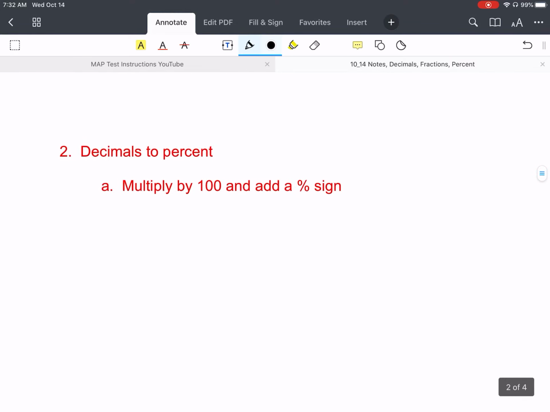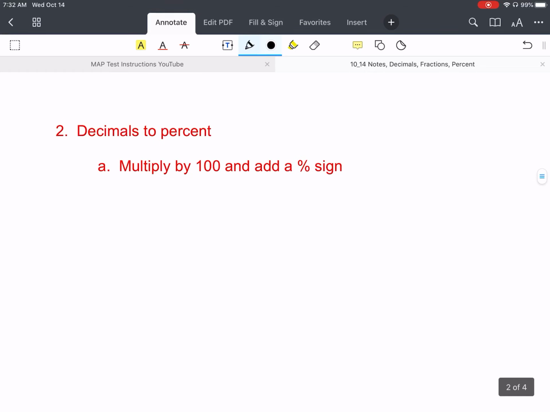Step 2, decimals to percent. We need to multiply by 100 and add a percentage sign. So the important thing to realize is, as a decimal, if we have the number 1, that represents 1 whole, and that is equal to 100%.